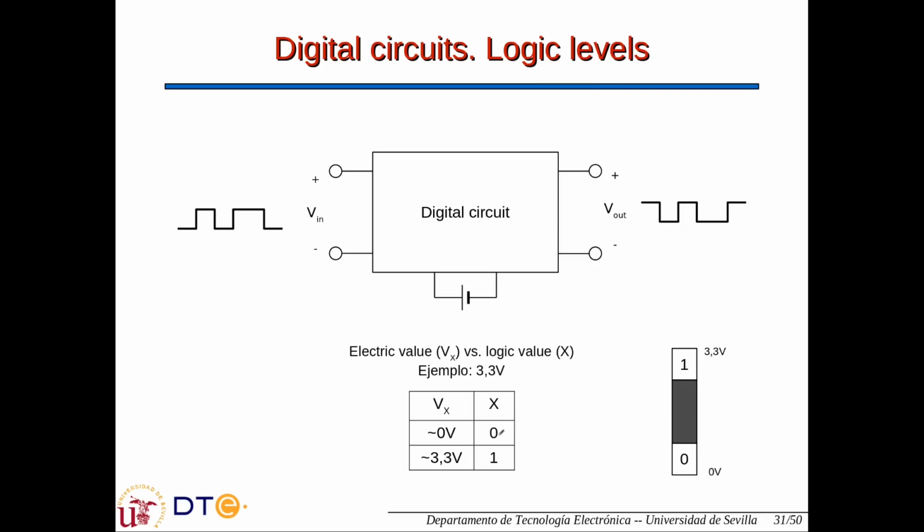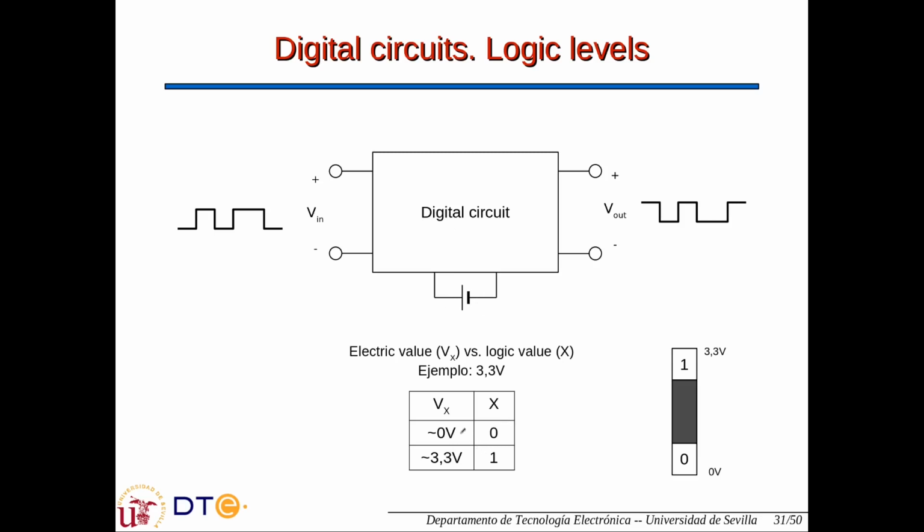The logic level 0 is normally associated to a low voltage value, like something close to 0 volts, and the logic 1 digital value is normally associated to a high voltage value, like for example 3.3 volts. Okay, it would be typical in a circuit that uses a 3.3 volt power supply.